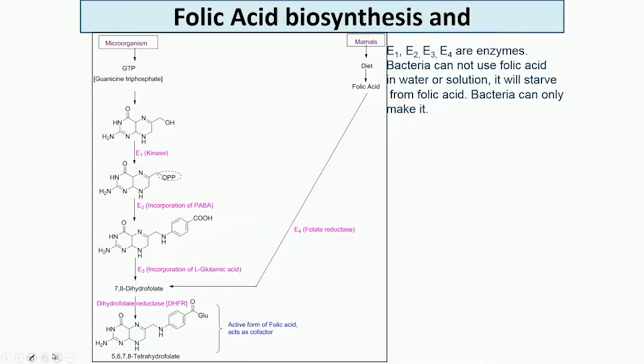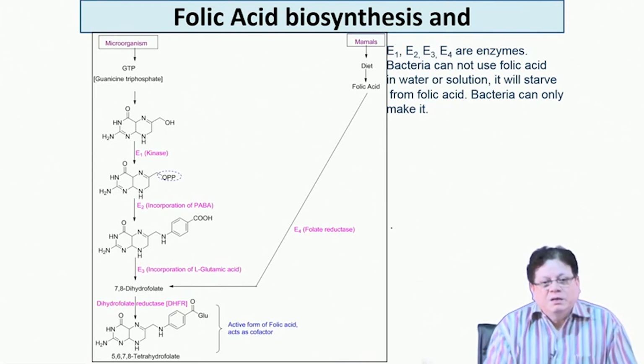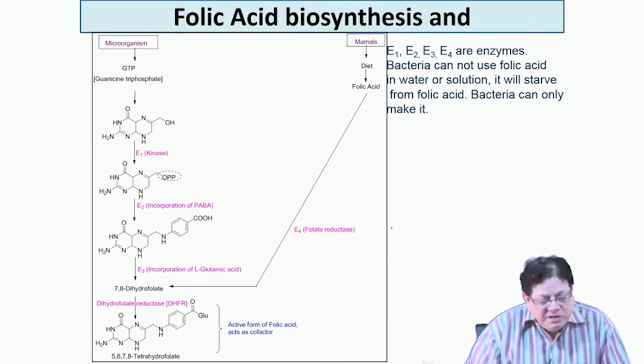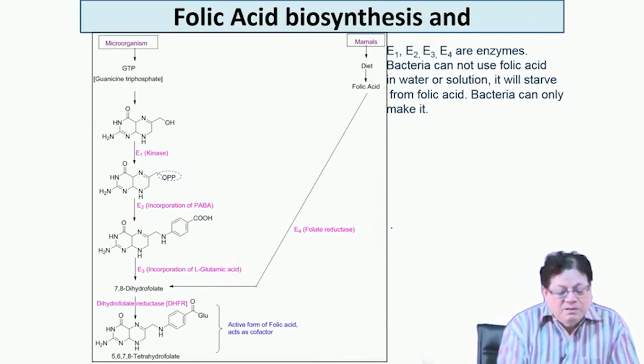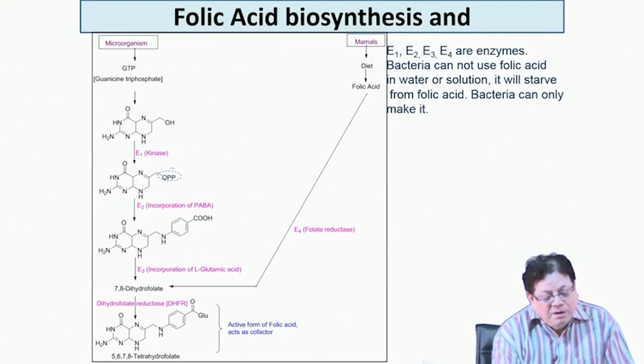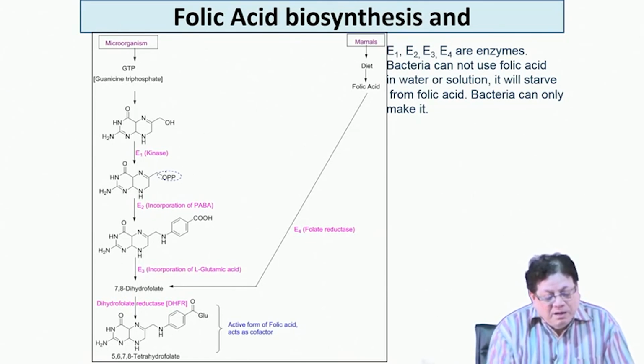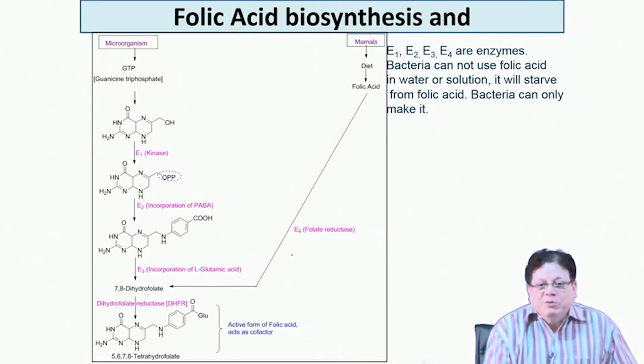The biosynthesis of folic acid in the case of bacteria starts with GTP, which undergoes rearrangement and forms the 7,8-dihydropteridine nucleus, and that then undergoes pyrophosphorylation by a kinase enzyme, followed by displacement of the pyrophosphate by para-aminobenzoic acid.